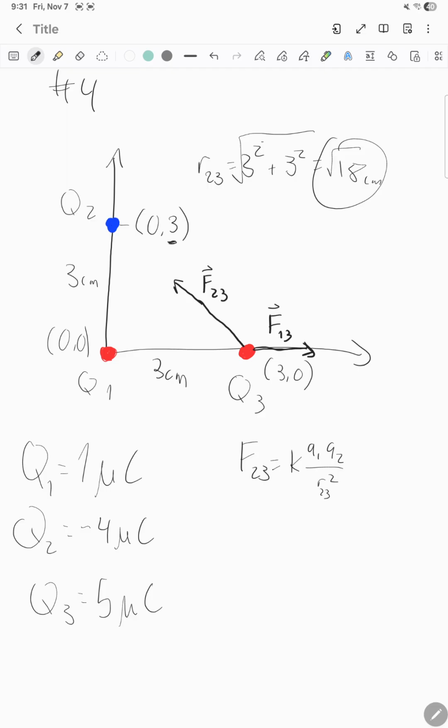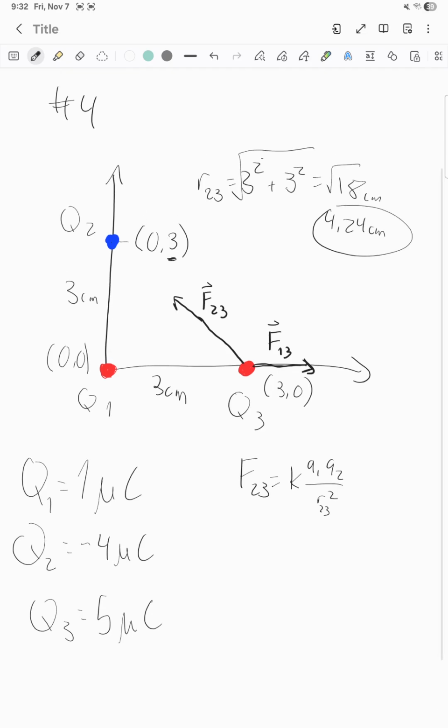This is not in meters. So I'll use the approximate value, a concrete number and not just the square root of a number. So 4.24 centimeters. I'll convert it to meters, and 4.24 centimeters will be equal to 0.0424 meters.